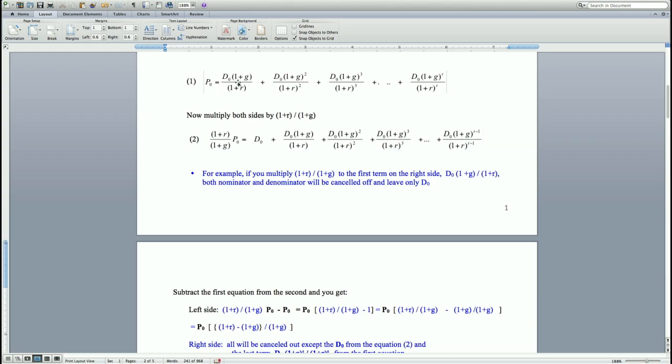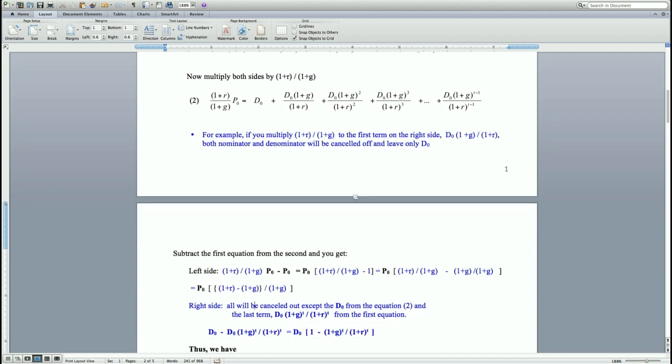And in the first equation, all minus and plus cancelled out. And the last guy will survive as minus d0, 1 plus g to the power t over 1 plus r to the power t. So the right side, again, the right side of the second equation minus the right side of the first equation, all disappeared except the last one in here.